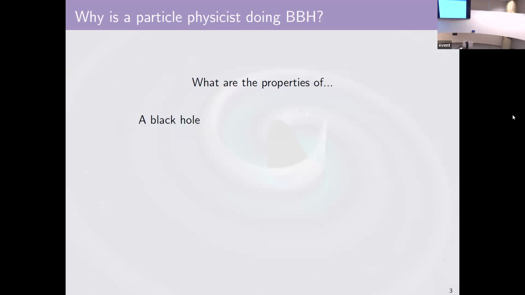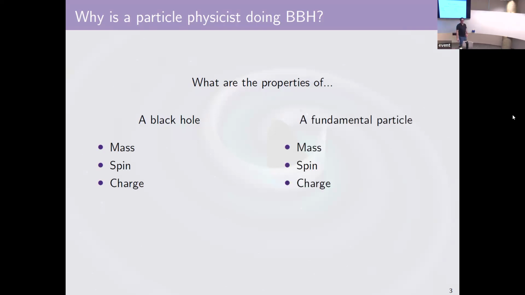So I'll start with the question: what are the fundamental properties of a black hole? In GR, what describes a black hole? We'll open to the audience. Mass, spin, charge, yay. What describes a fundamental particle? Mass, spin, charge. As I said, that means there's a very similar toolkit, depending upon exactly how you phrase the problem, to talk about these two types of systems.